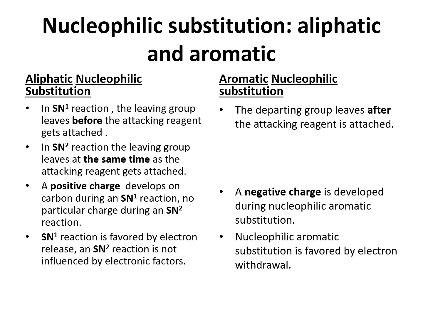In aromatic substitution, a negative charge is developed; just remember that the carbanion has a negative charge. The SN1 reaction is favored by electron release because of the intermediate positively charged carbocation, and SN2 reaction is not influenced by electronic factors because there is no particular charge on the intermediate. Nucleophilic aromatic substitution is favored by electron withdrawal.